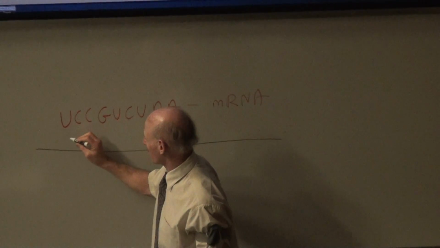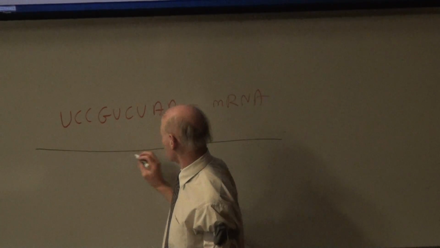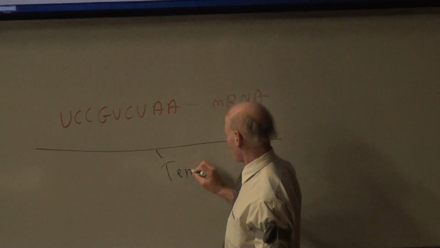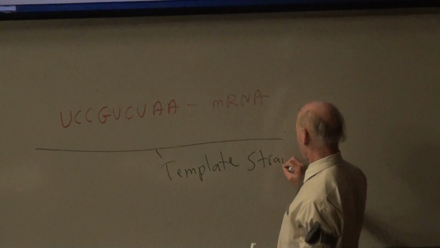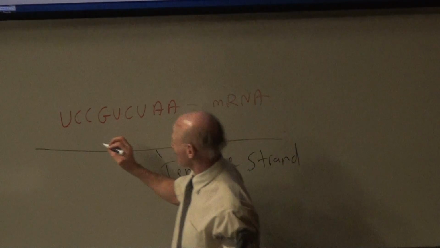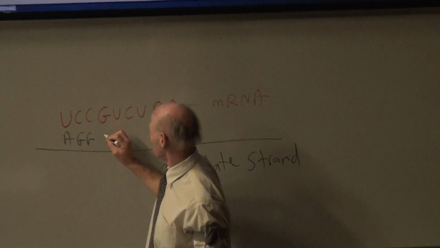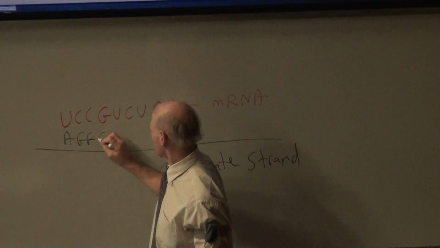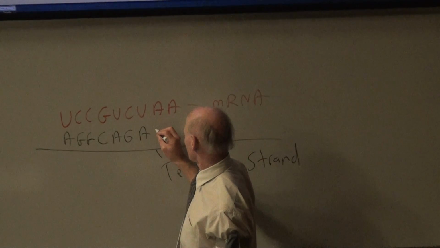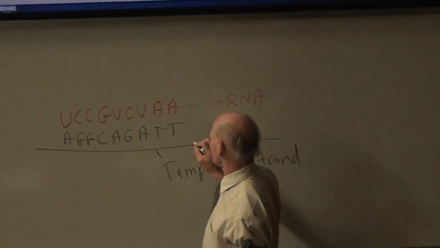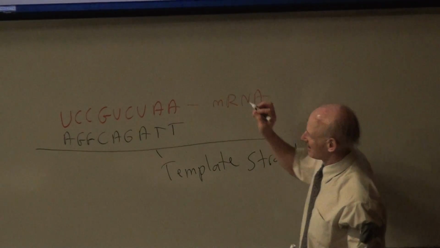The messenger RNA gets made by RNA polymerase II enzyme binding to the template strand and making a complementary messenger RNA to it. So this would be A, G, G, C, A, G, A, T, T is what the template strand would look like.